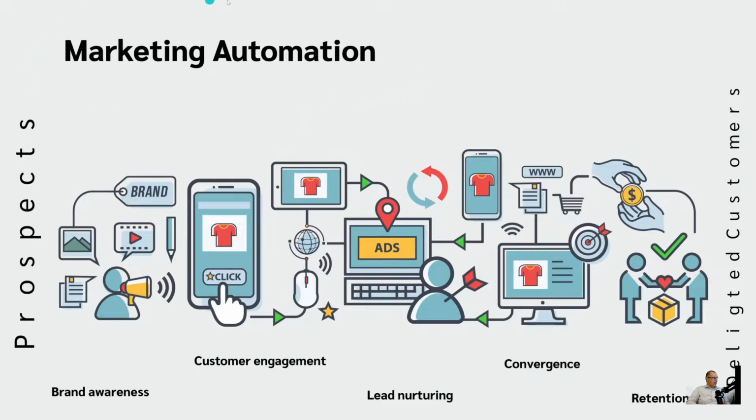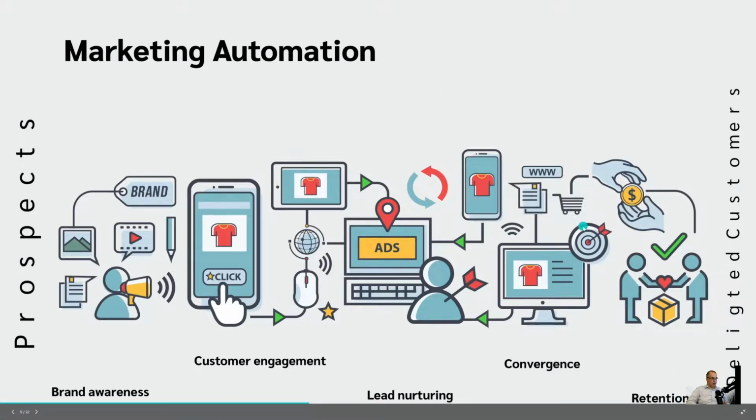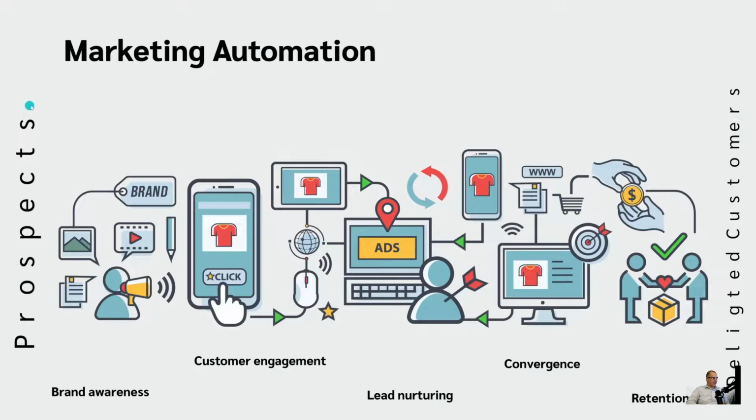So let's explain this very exciting process of marketing automation. This is a machine, a process, a function that takes prospects from one side and gives delighted customers from the other side. Now the machine can also cover the loyalty part, which is the engagement with existing clients, which is the retention part.